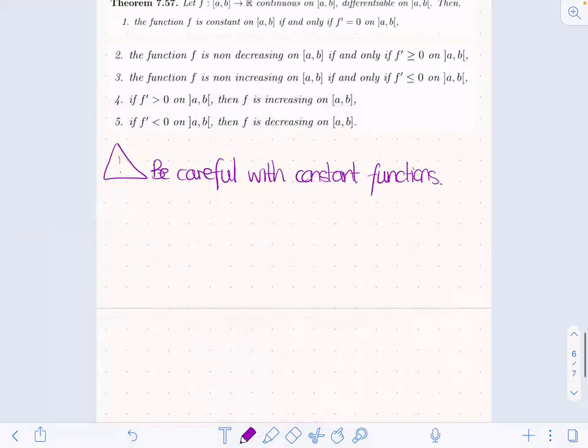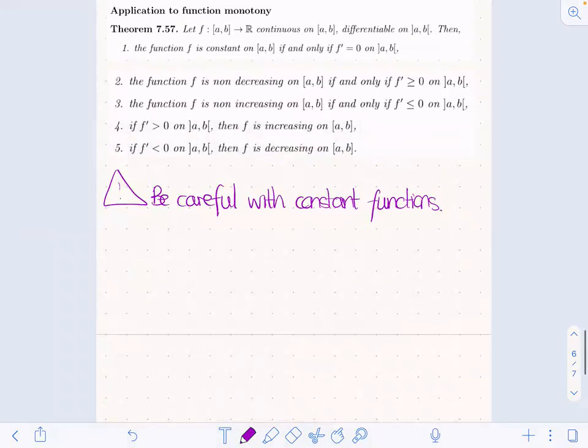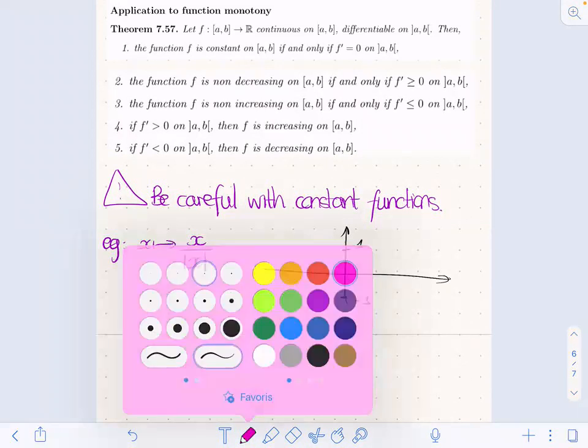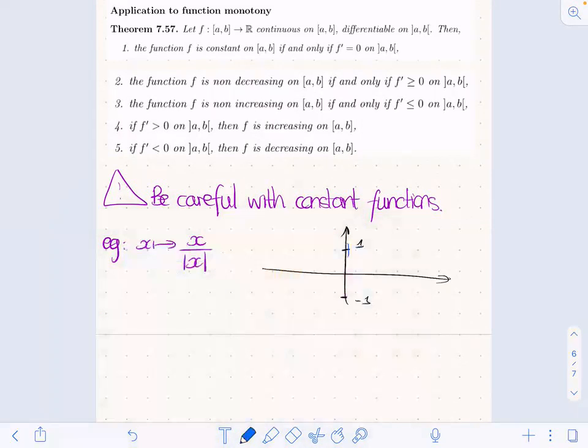If we take, let me think, an example, x maps to x divided by the absolute value of x. If we map that function, then you get 1 and -1. You'll get a function worth 1 here and -1. Where is this function defined and differentiable? On R star. Yeah, absolutely.